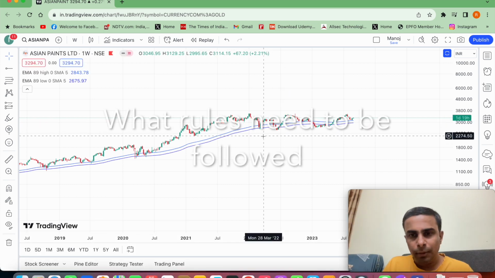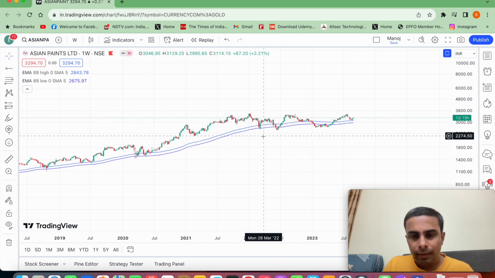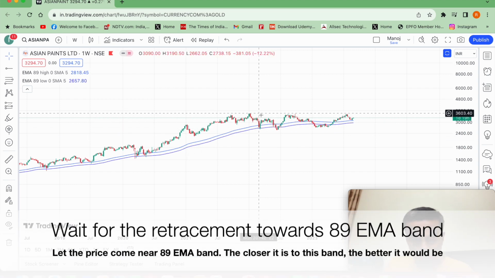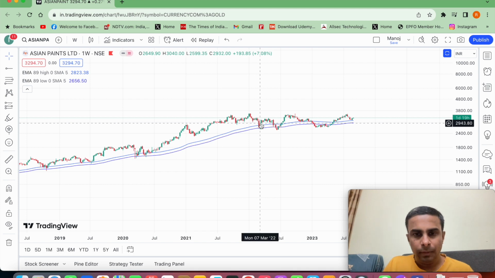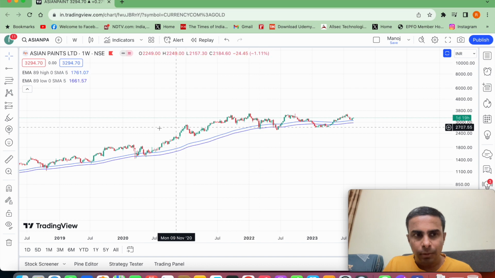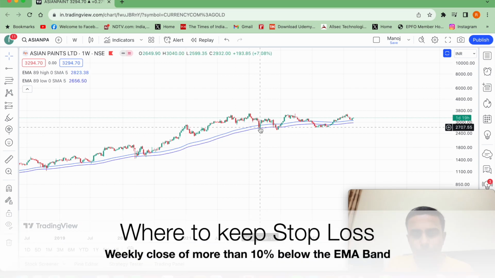Now, what are the rules that you need to follow? You need to always wait for the retracement towards the 89 EMA band. The closer the price is to the 89 EMA band, the better it is. And once you take an entry over here, your stop loss should be 10% below the band.